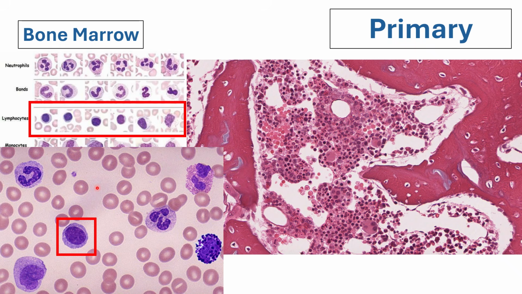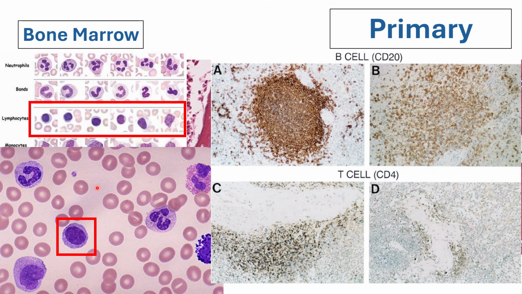But in reality, we would be needing what? The use of our special stain, the one that needs antibodies? Yes, your immunohistochemistry. So to be very sure that we are able to differentiate if it is a B cell or a T cell, we would be needing immunohistochemistry. So don't forget that.